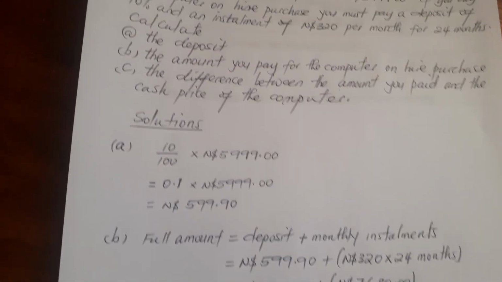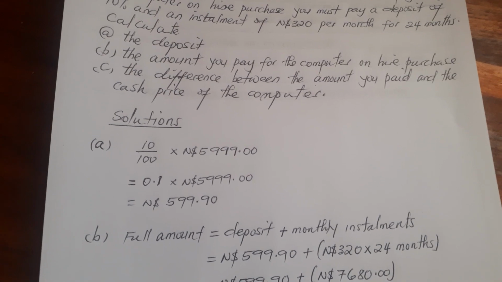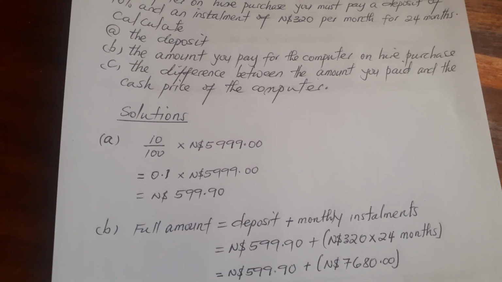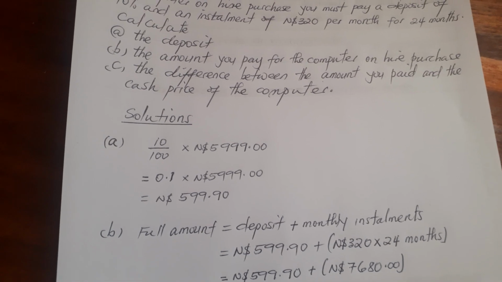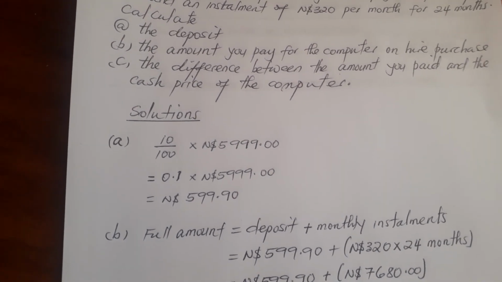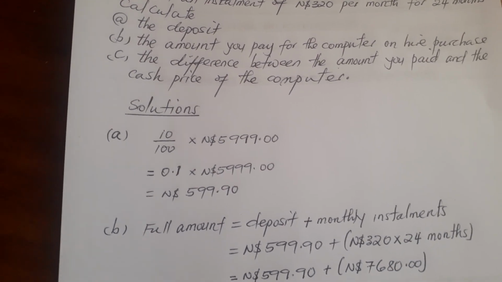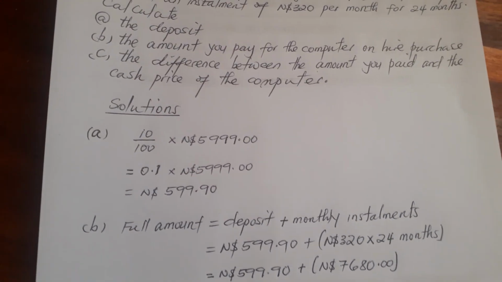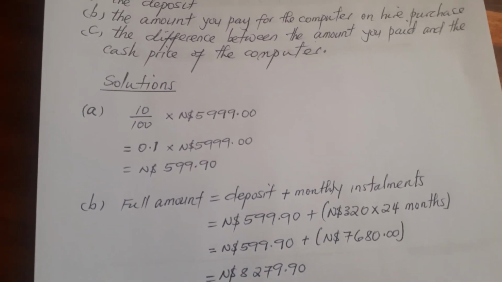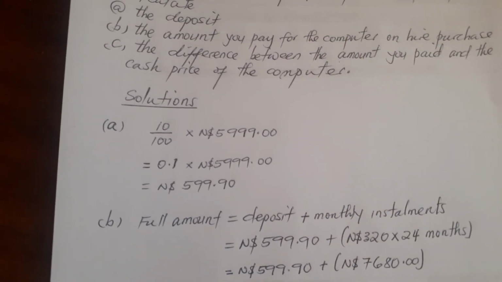Now let us look at the difference between the amount you paid when you take it on hire purchase and when you buy it cash. For us to get the difference, this is how we get the difference.